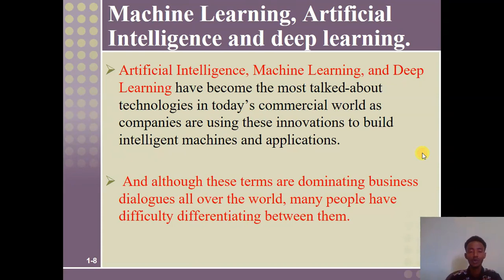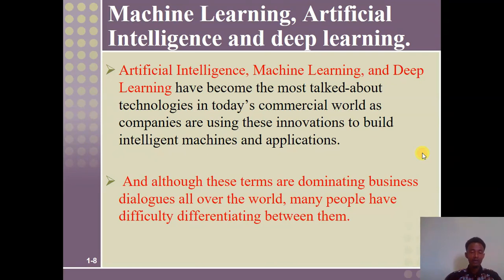Sometimes our users or students use those terms interchangeably, but they are completely different. Artificial intelligence, machine learning, and deep learning have become the most talked-about technologies in today's commercial environment, as companies are using these innovations to build intelligent machine applications.